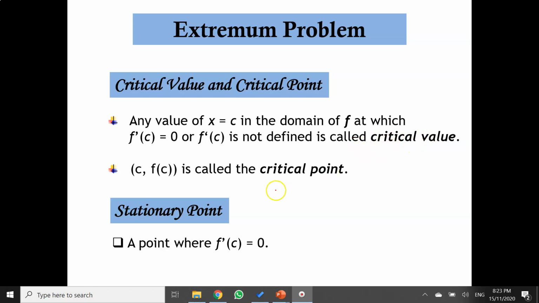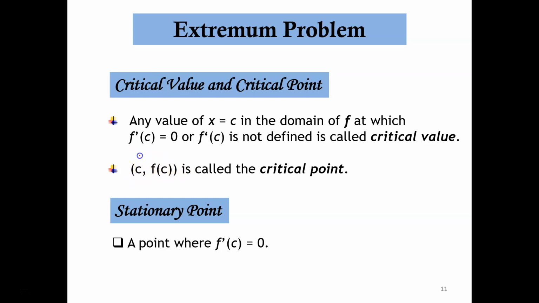Okay. And then you will have a point where the point contains c coordinate and also f(c). Okay, this is x coordinate, this will be y coordinate. So this one we call it as critical point because it become a point already.